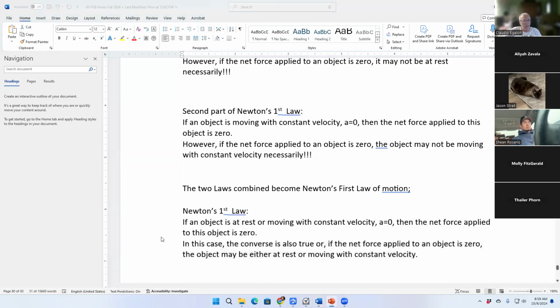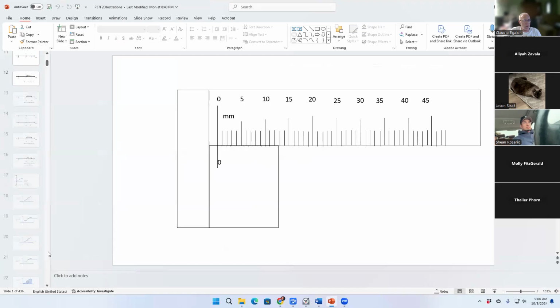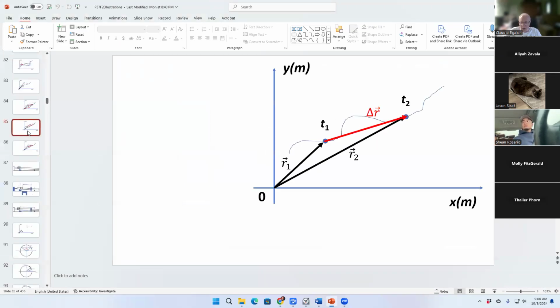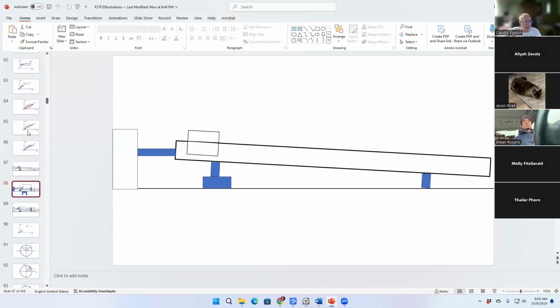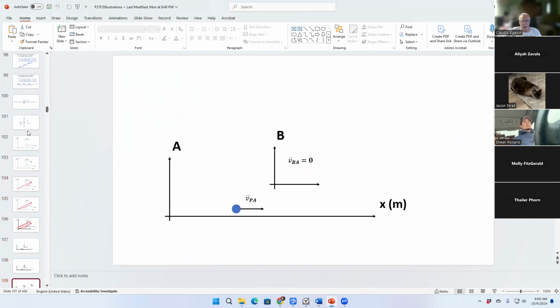Now, let's go back to our illustrations here and take a look at how this law is illustrated, how this law is exemplified and illustrated. Let's see here.